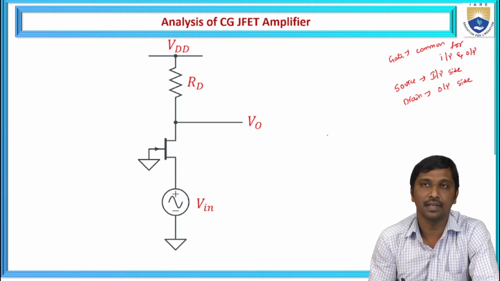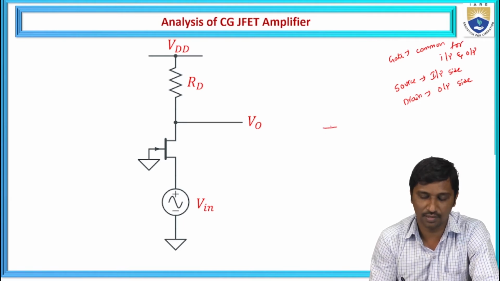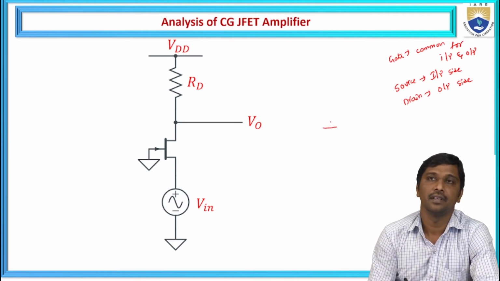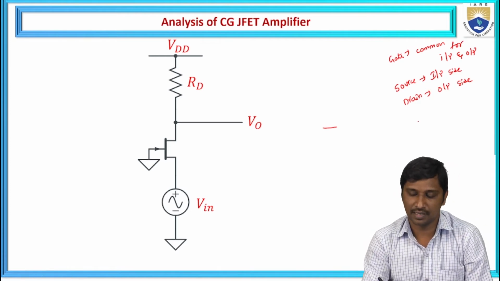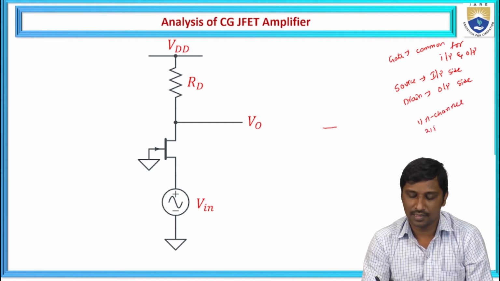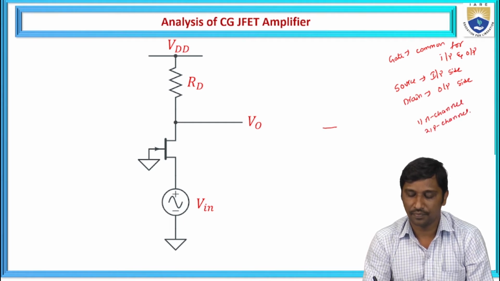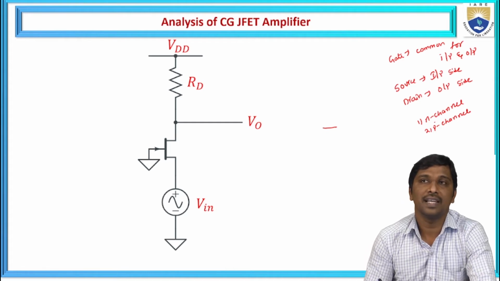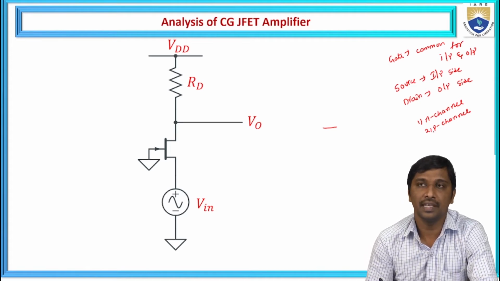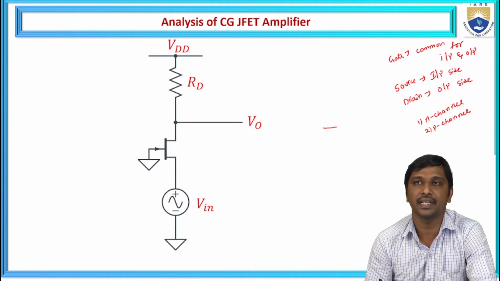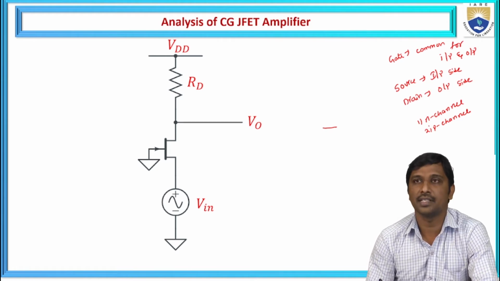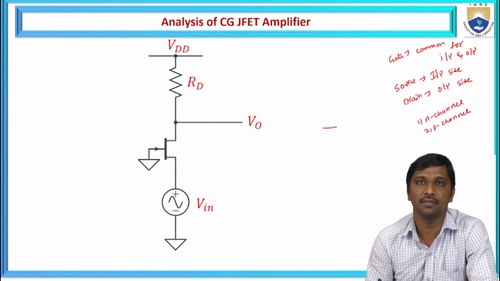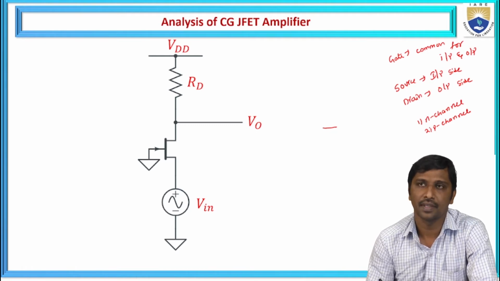To understand these biasing voltages, let us consider the JFET. Again, in a JFET also, we have two types of JFETs: one is the N-channel JFET, another one is the P-channel JFET.